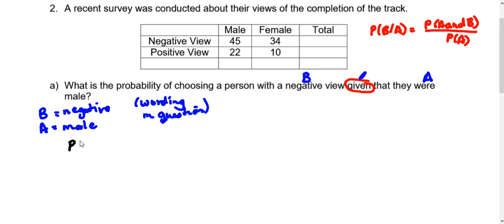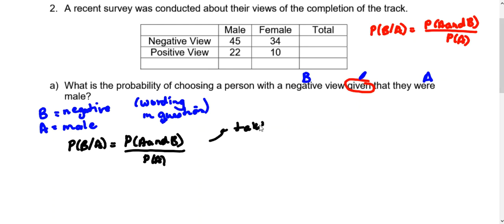So when I'm solving this, the probability of B given A equals the probability of A and B divided by the probability of A. All this information is going to come from the table. The top part means male and negative.